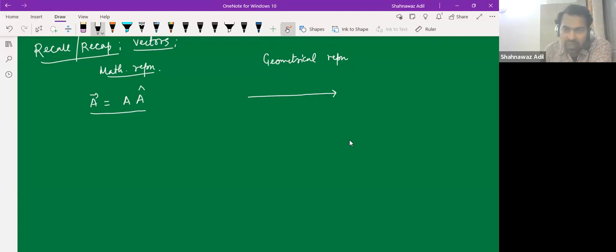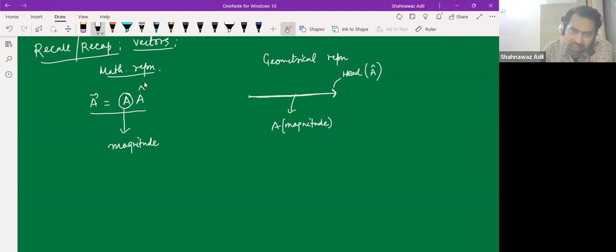In the geometrical representation, it is represented by arrows. In the mathematical representation, this part tells us about the magnitude. Similarly, the length of the arrow talks about the magnitude, and the head of the arrow talks about the direction, as in the case of this A hat.